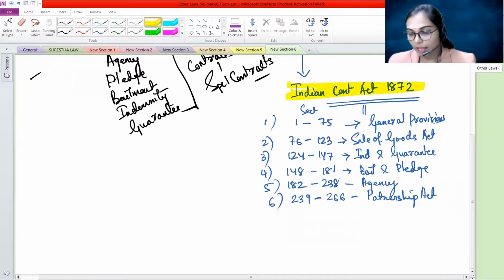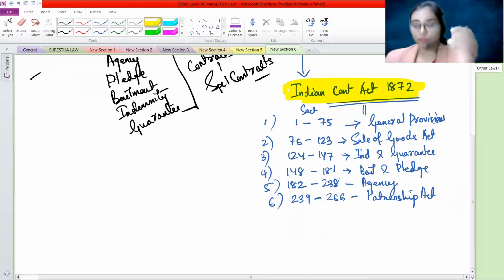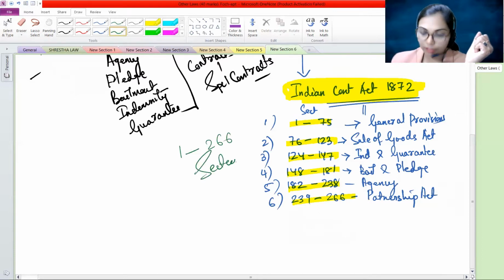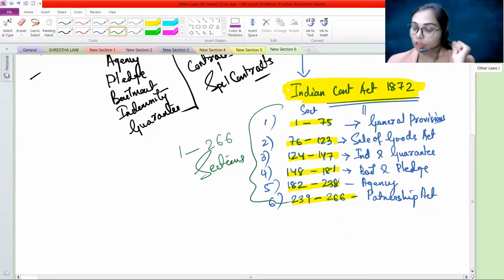The Indian Contract Act was made in September 1872. Under the Indian Contract Act, sections 1 to 266 were involved in total.